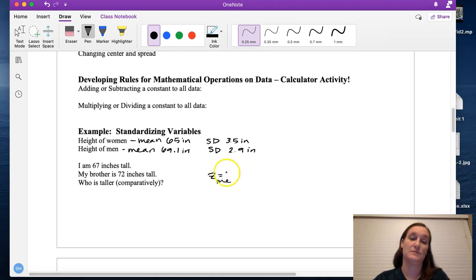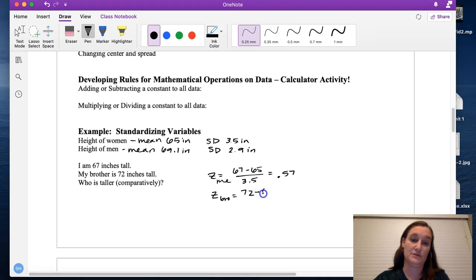Here's my z-score. So 67 minus the mean divided by the standard deviation. So that's 2 over 3.5, which is, you usually want to do 2 decimal places on a z-score, 0.57. A z-score for my brother, he's 72.